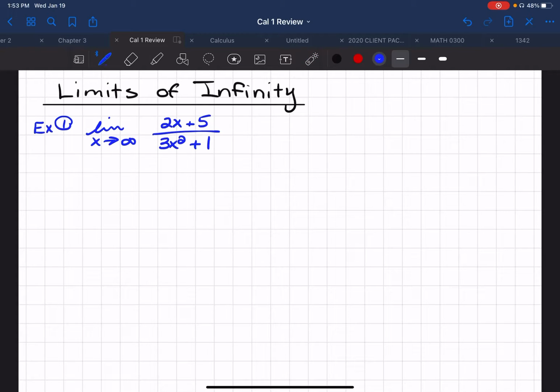We're going to take the largest exponent on the bottom and divide through by it. So we've got the limit as x goes to infinity, and we're picking x squared. I'm dividing every term by x squared.